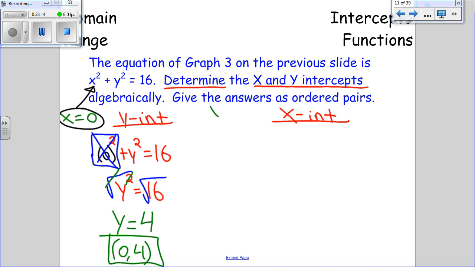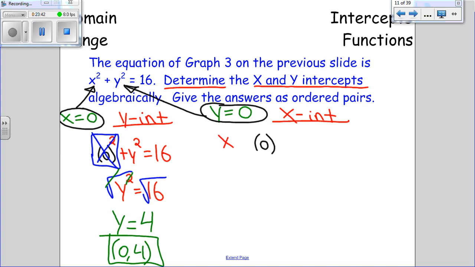But it's because I'm trying to beat it into your head. You need that information to be there. I say x-intercept, you think y equals 0. Take that value, and we substitute it into our equation. By substituting it into the equation, you end up with x squared plus 0 squared equals 16.